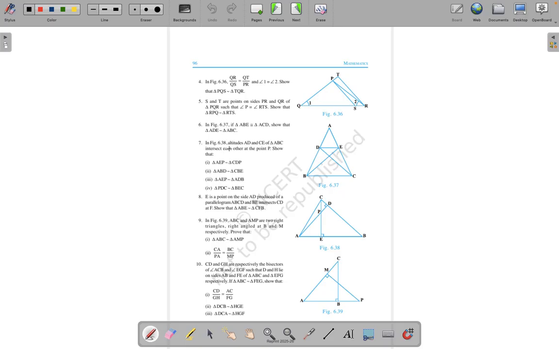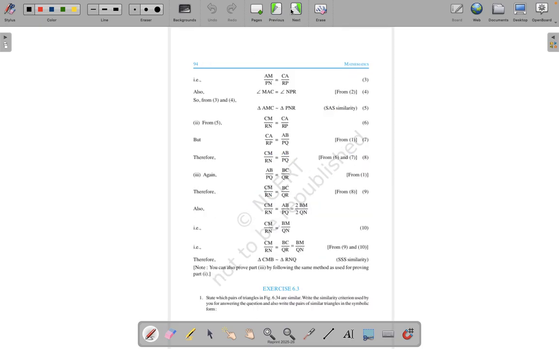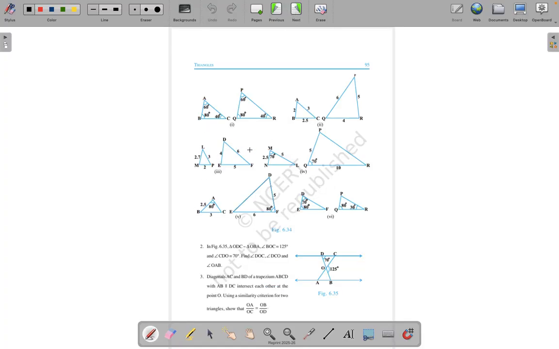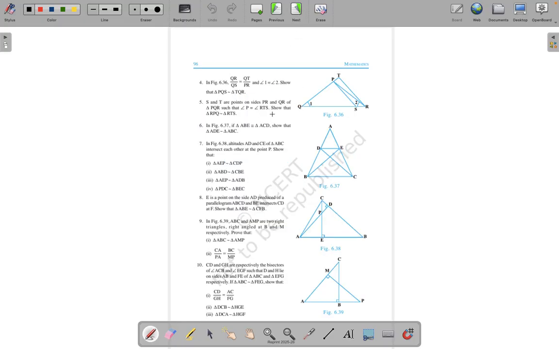We'll discuss those questions. You can start the exercise at least, the initial few questions. For example, the first one has a lot of questions. All of them are very simple, right? Second one is also simple. Third is also simple. Towards the end, you'll have 2 or 3 questions which are tricky.